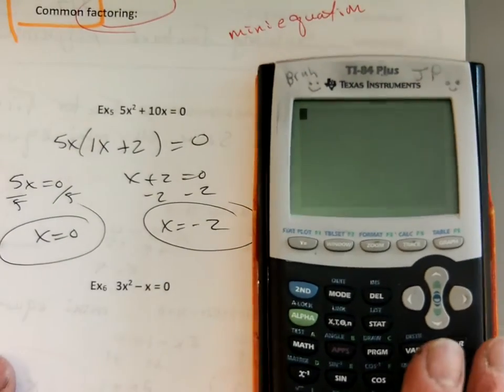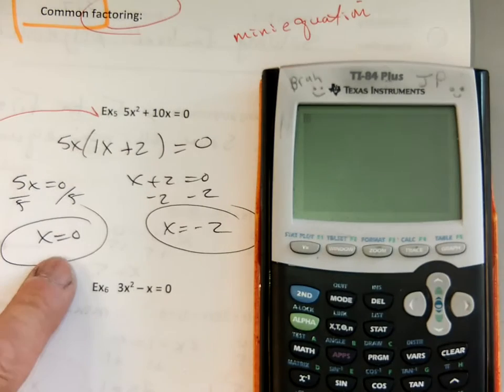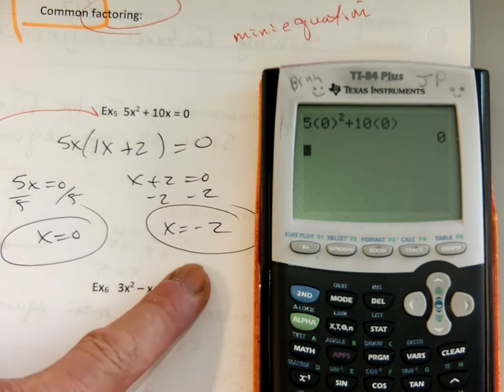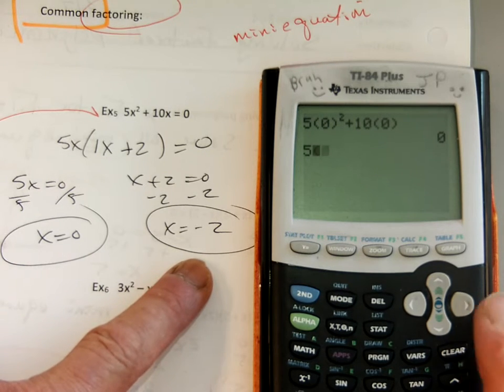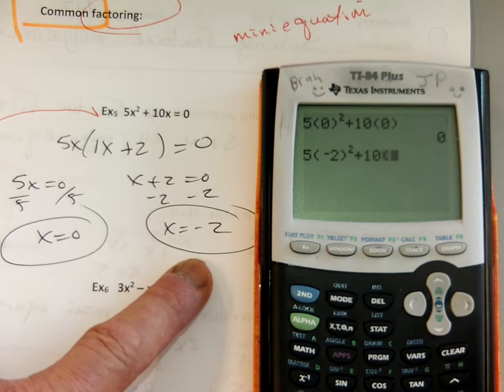I'm going to put these answers into my original equation. So let's see, 5 times 0 squared plus 10 times 0 gives me an answer of 0. Now watch negative 2. 5 times negative 2 squared plus 10 times negative 2.